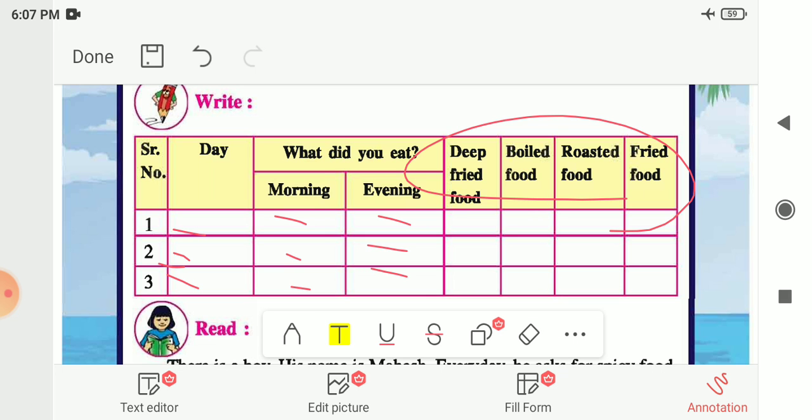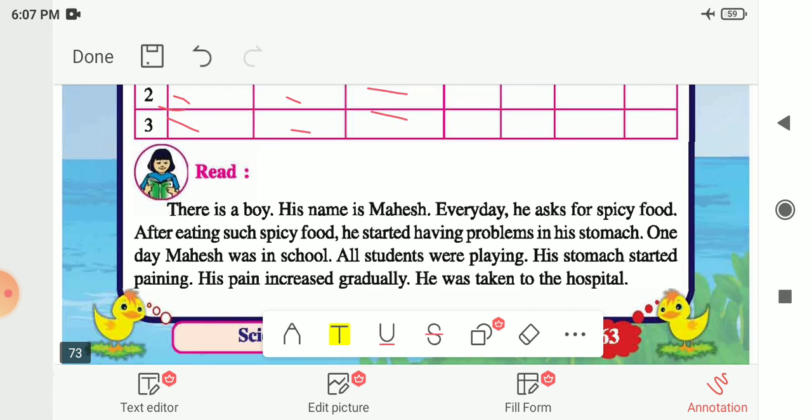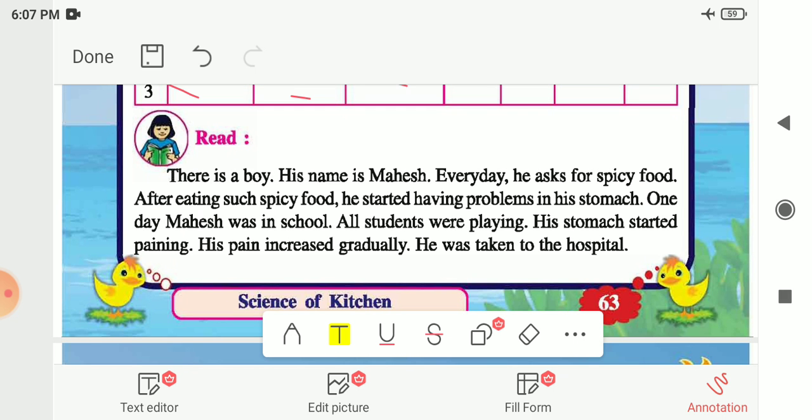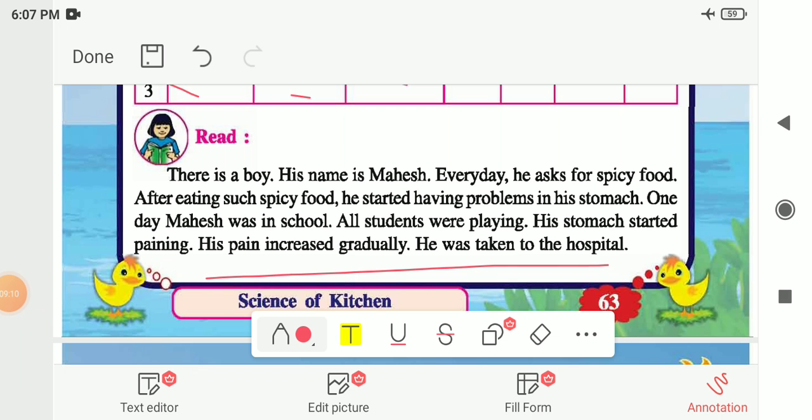Now next is reading again. A reading section is given to you. Here it is given that there is a boy whose name is Mahesh. Every day he asks for spicy food, and after eating such spicy food he started having problems in his stomach.